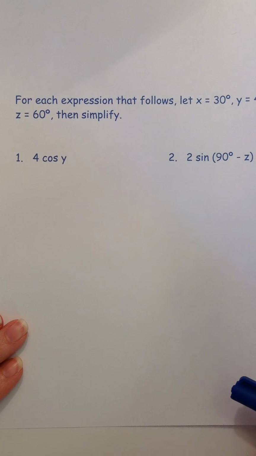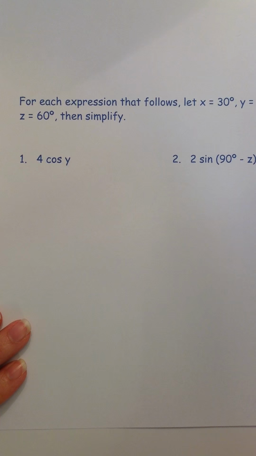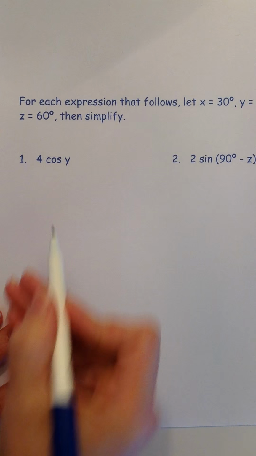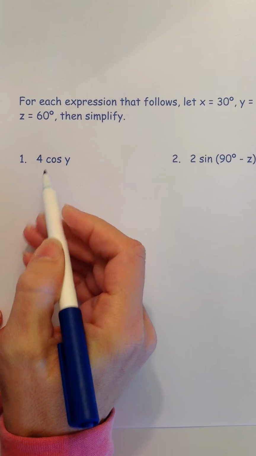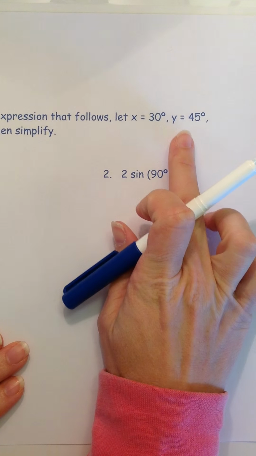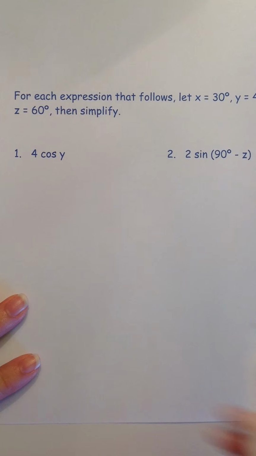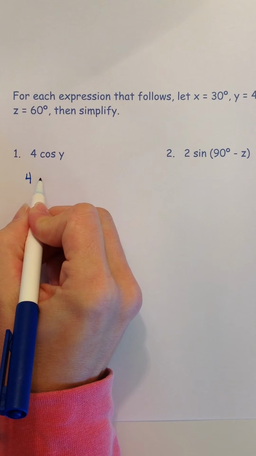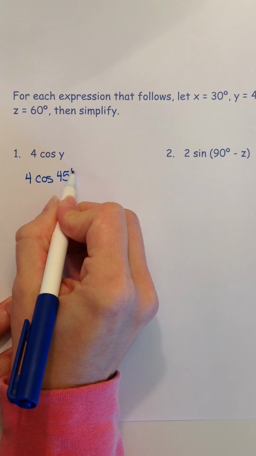So first thing we're going to need to do is rewrite the problem by substituting the correct degree measurement in for the correct variable. So on this first one, we have 4 times cosine y. So going back in the instructions, I had told you that y was going to be 45 degrees. So 4 cosine 45 degrees.